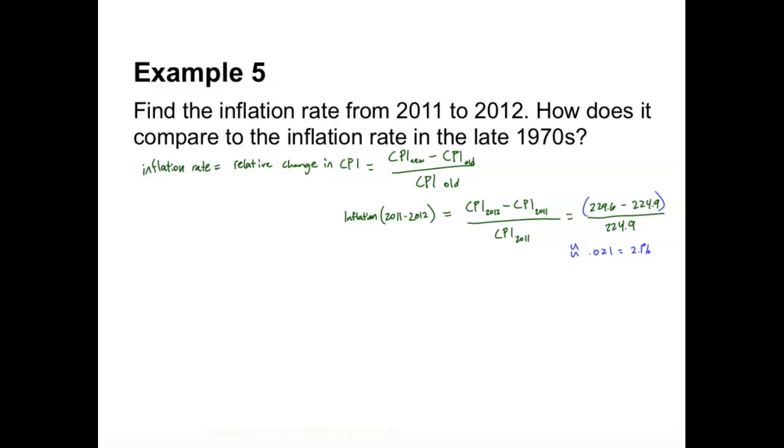One thing I want to mention: inflation is just the value of the dollar, and as inflation increases, the value of the dollar decreases. So inflation isn't good for your money. It's making it worth less, right?